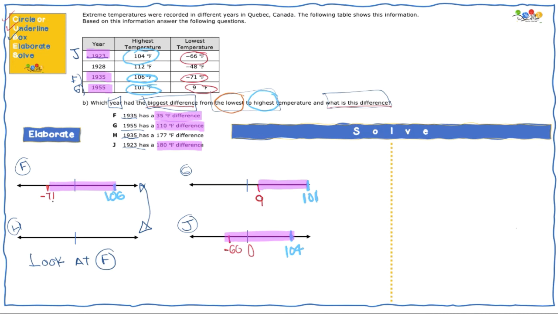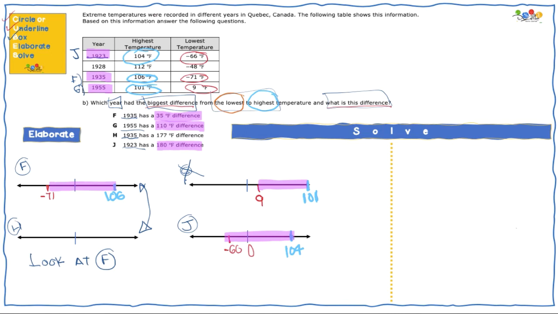F and J did start on the negative side, so they have all the negative distance plus all the positive. And also on the positive, which is the lowest value? 101, 104, or 106? It's 101. So that means this pink section reaches even to a smaller value. So definitely G does not have the biggest difference.